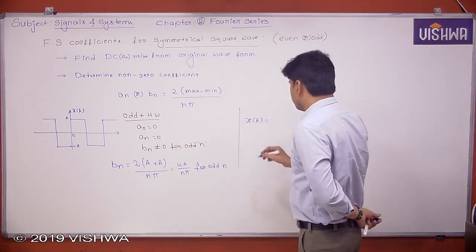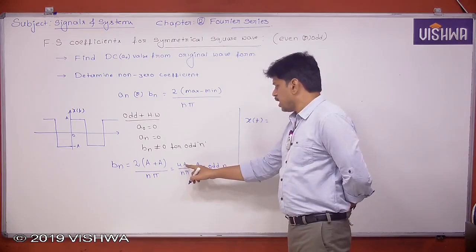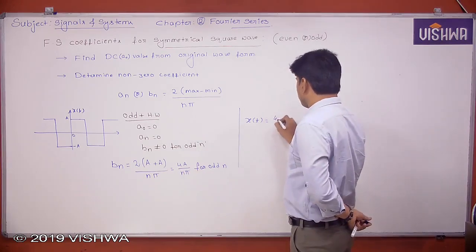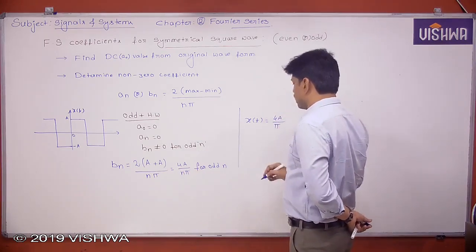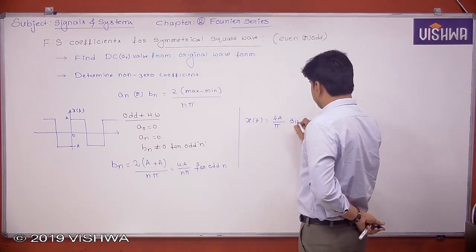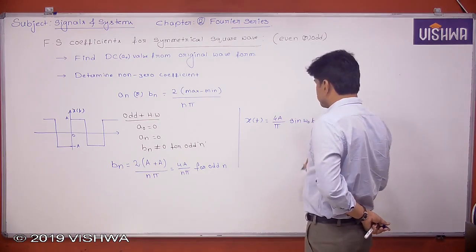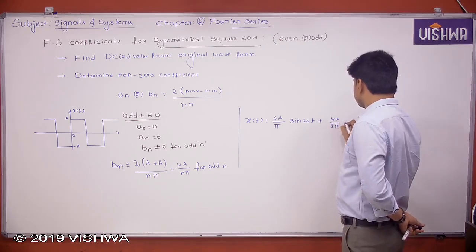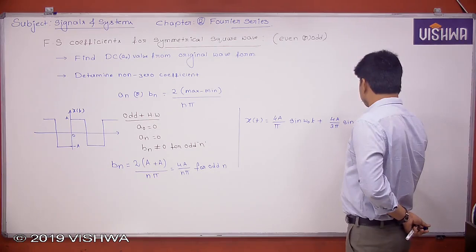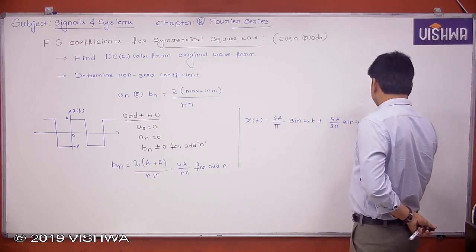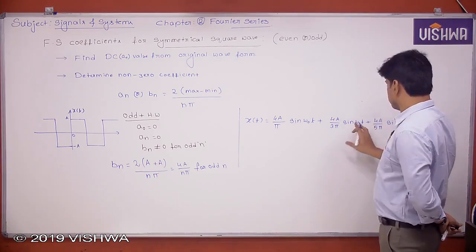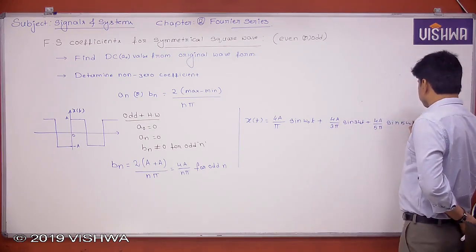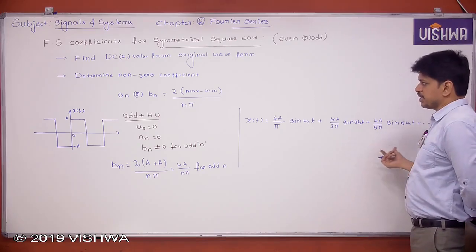For n equal to 1, it is 4A by pi sine omega naught t, plus the next odd harmonic, 4A by 3 pi sine 3 omega naught t, the third harmonic, plus 4A by 5 pi sine 5 omega naught t, and so on. So this is the way we can write the expression directly.